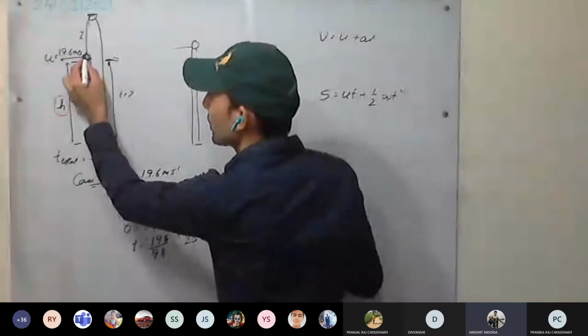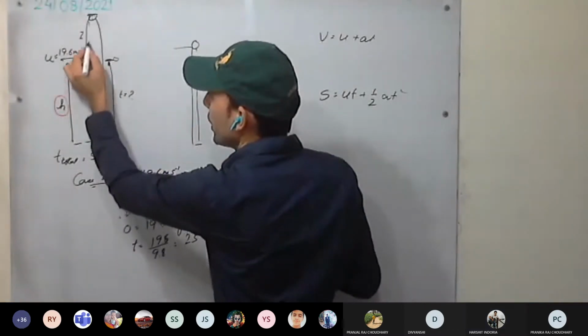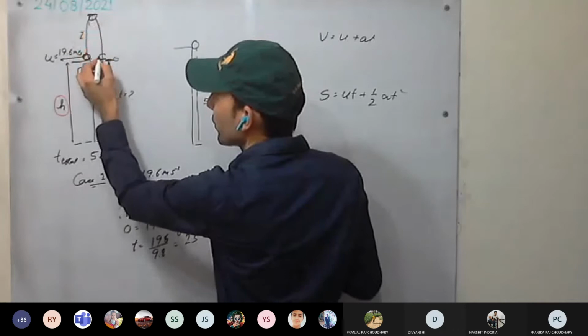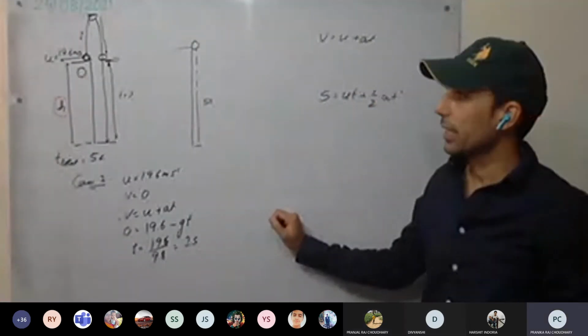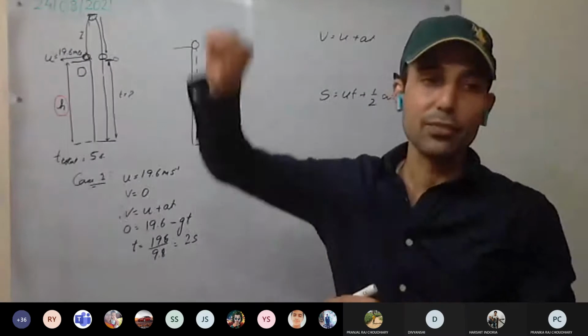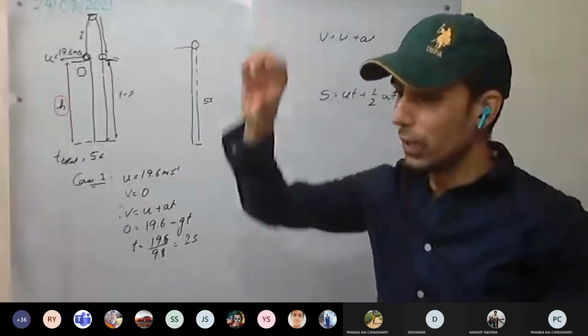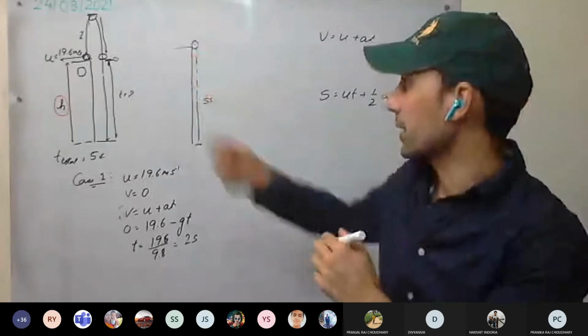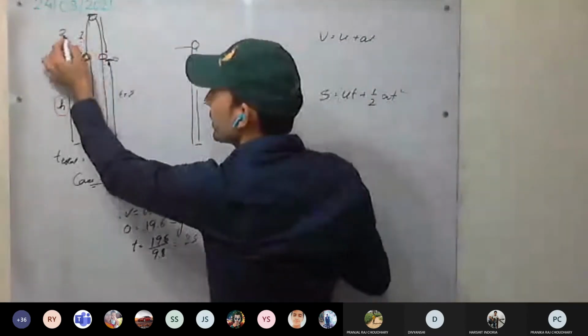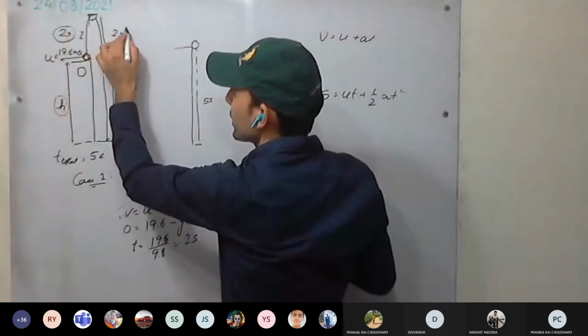Now see here, from this position to here, it has taken 2 seconds. Now from here to here, how much time will it take? 2 seconds. So for the ball coming from the highest position to the level of the tower, it will take again 2 seconds. So 2 seconds here and 2 seconds here.